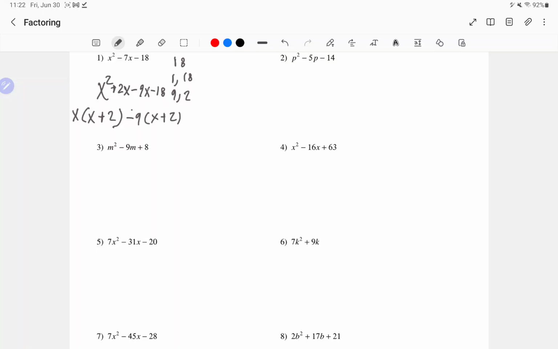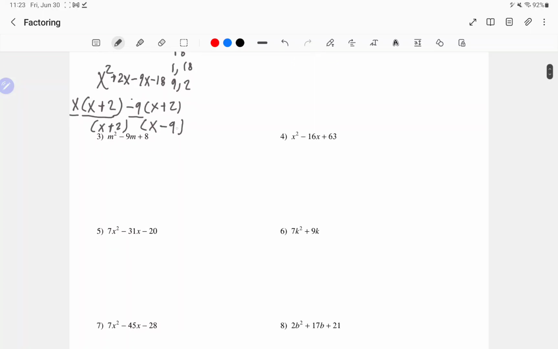So now we have this. Now you're wondering, where are my answers? They are located here and here. So now we just put these together. We put x plus 2, which is as is, and then we put x minus 9. There we go. Now we have something that's factored.